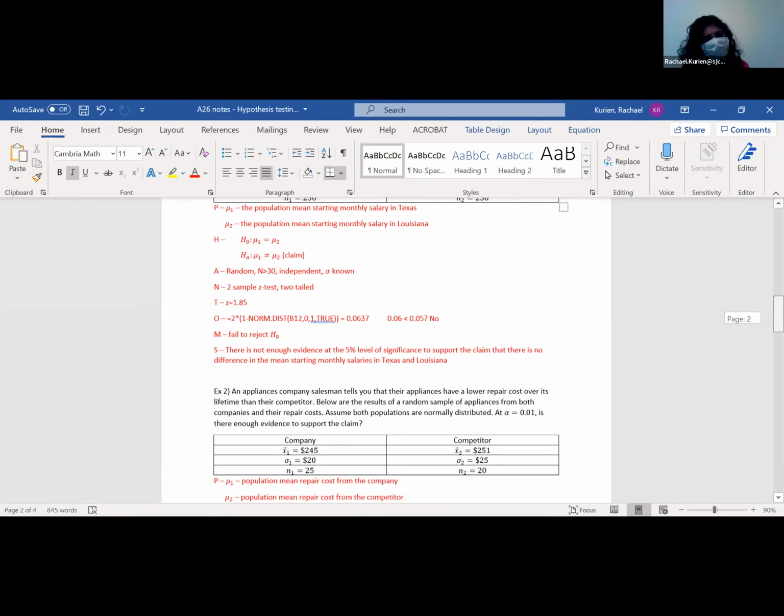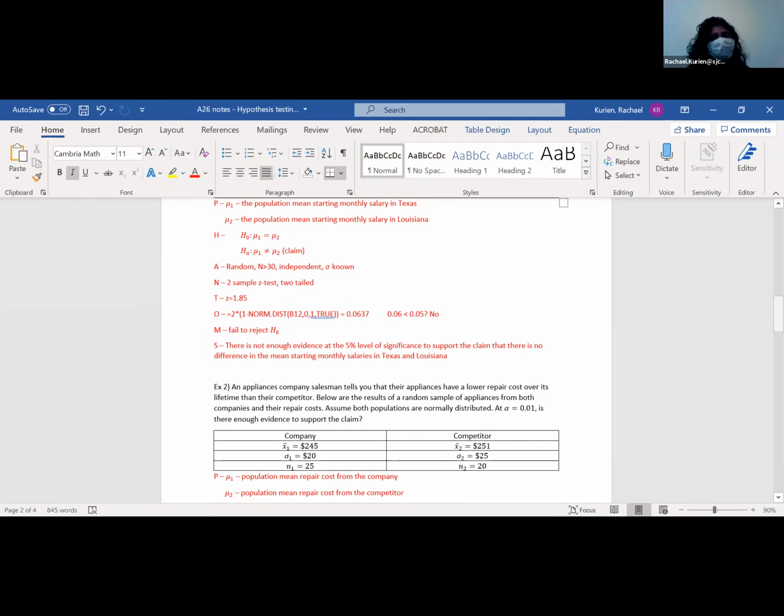All right, so let's look at the parameters. The first mean is the population mean repair cost from the company, and the second one represents the population mean repair cost from the competitor. So next comes H. How do you know what H is? Well, it's in the claim. It tells you that their appliances have a lower repair cost over its lifetime than their competitor.